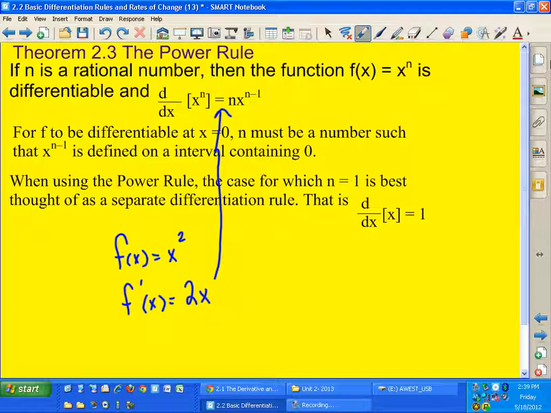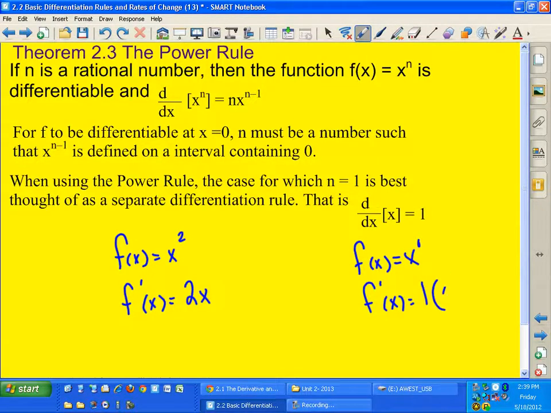If you're dealing with a function like f of x equals x, you're going to multiply by the 1 and reduce the power of x by 1. So if my function was x, and I asked to take the derivative of it, remember the power on this is 1, so I multiply by the power and reduce the power from 1 down by 1 to 0.